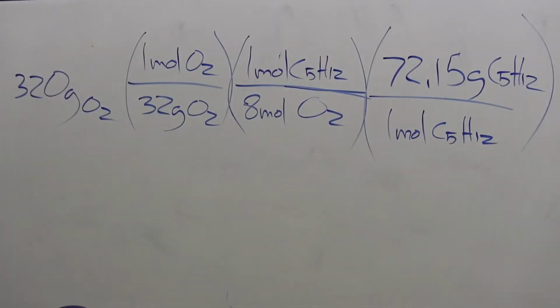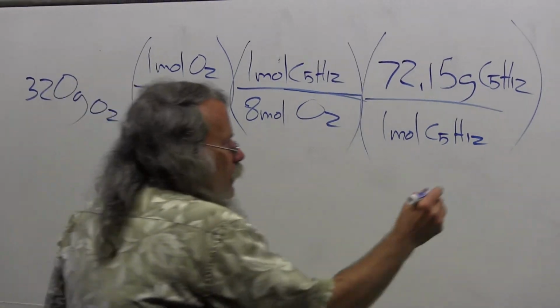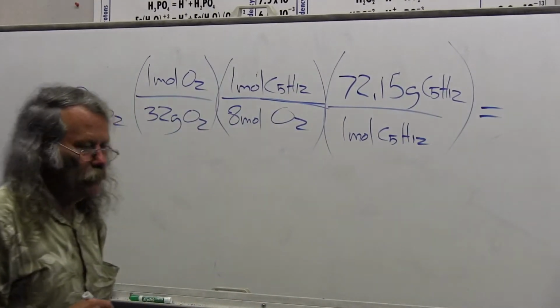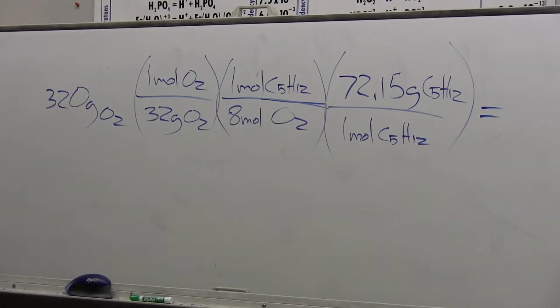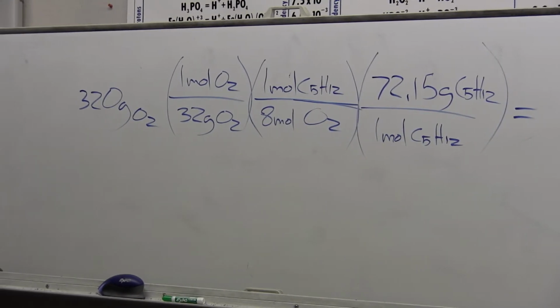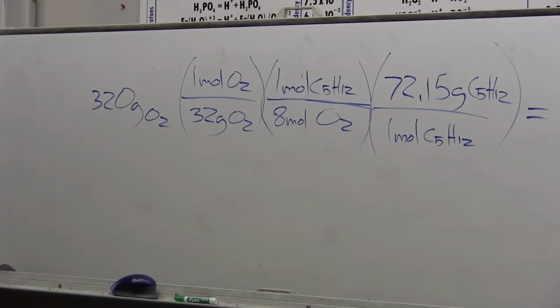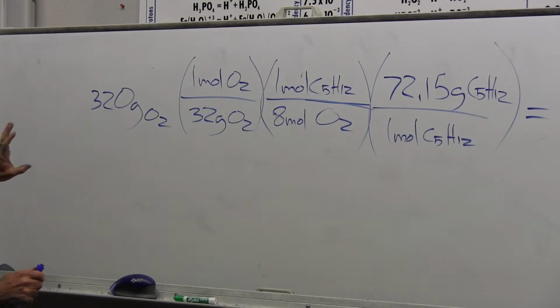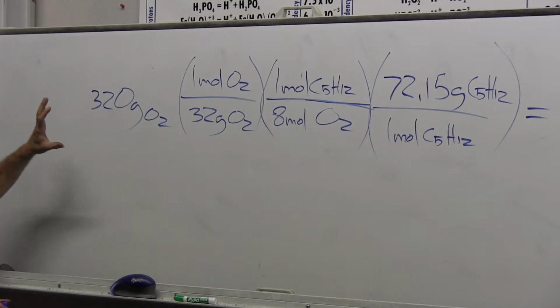Okay, now we've got everything that we need. We just simply have to go through the calculation. We could take advantage of the scientific notation, but I'm not going to in this instance. Let's just walk through it and see where we get.